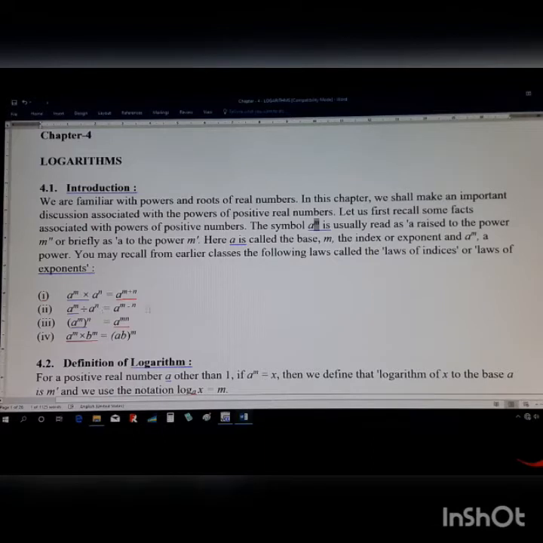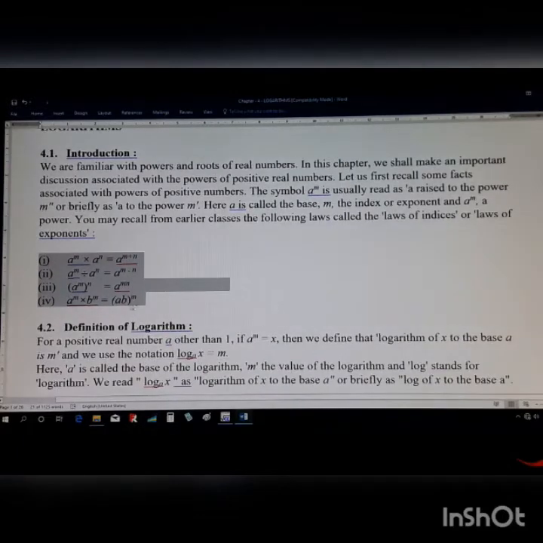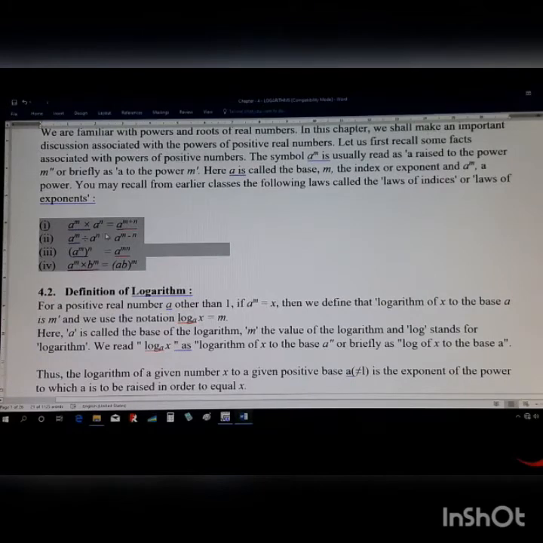Now these are the 1, 2, 3, 4. These are the laws of indices. So these will be used in developing the laws of logarithms. That means based on these laws of indices, we develop the laws of logarithm.